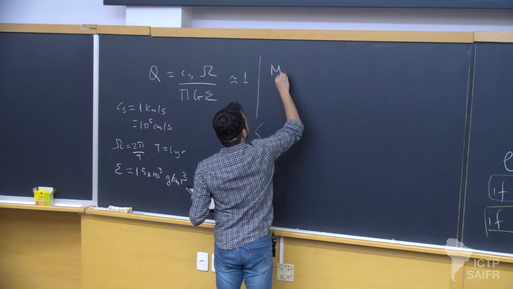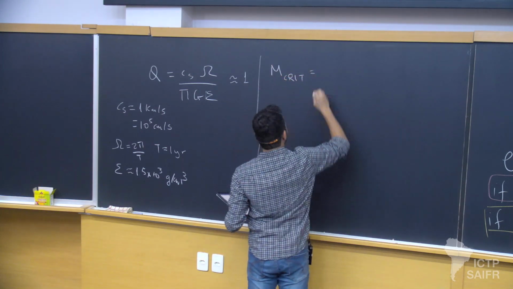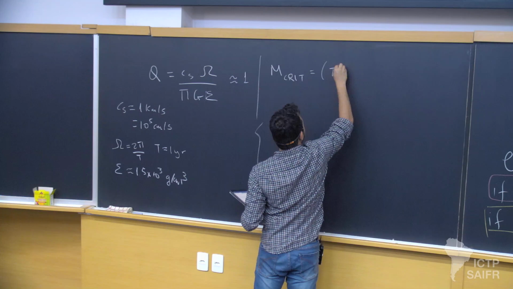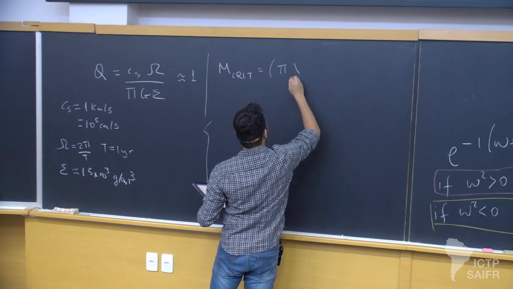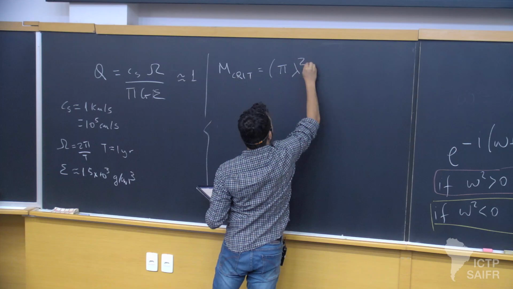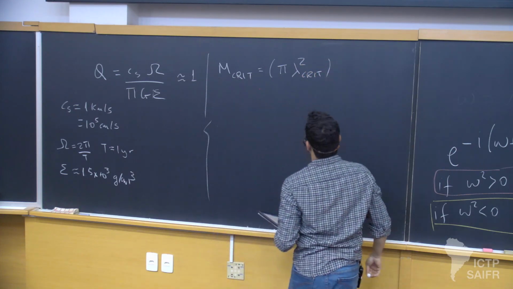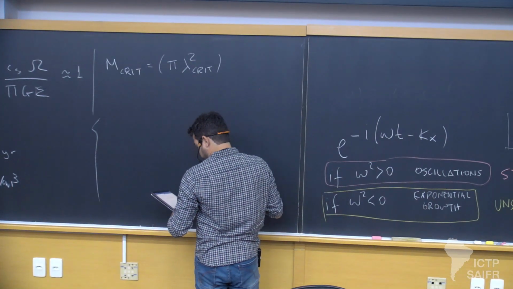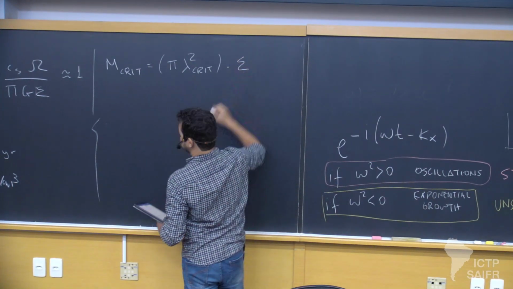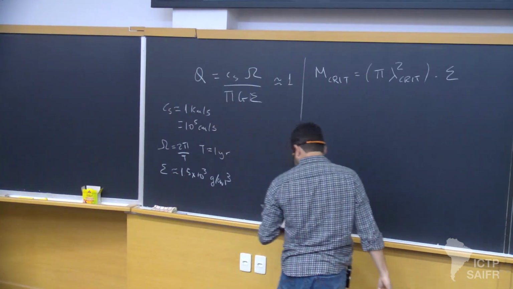Now, the critical mass that will form will be given by the area of the unstable wavelength that will collapse. So that's the cross-section, pi r squared, where r is the critical wavelength, times then the column density. This column density comes from setting Q equal 1.